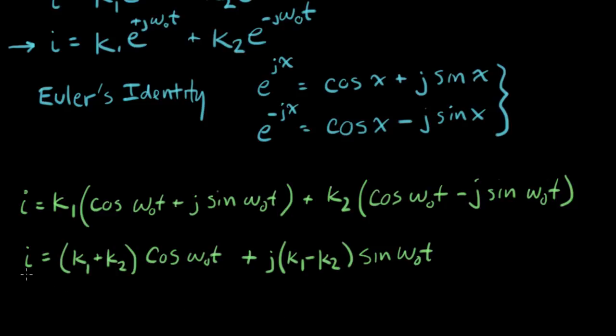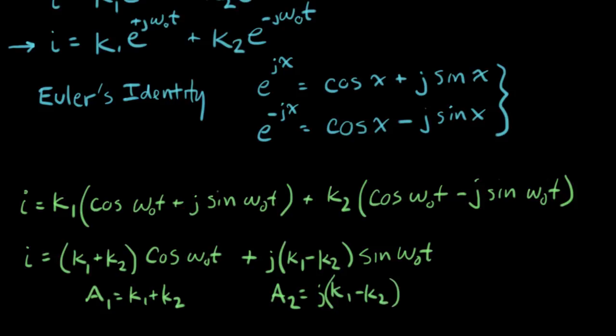So now, current is some number times cosine plus j times some number times sine. Now these are two arbitrary constants, and I'm going to just make up another one. I'm just going to call this one A1. And we'll call this one A2. And we'll call that, I'll use the j, K1 minus K2.